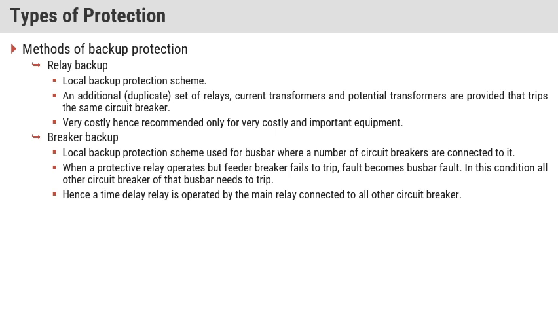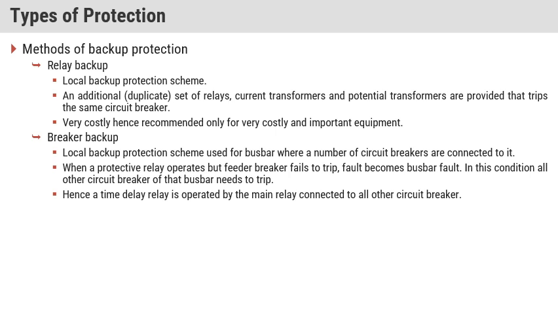There are two main critical components in the protection: one is a relay and another is a breaker. So the relay is also backed up and the breaker is also backed up. Whenever the primary relay fails to operate, an additional duplicate set of relays starts acting and trips the same circuit breaker.